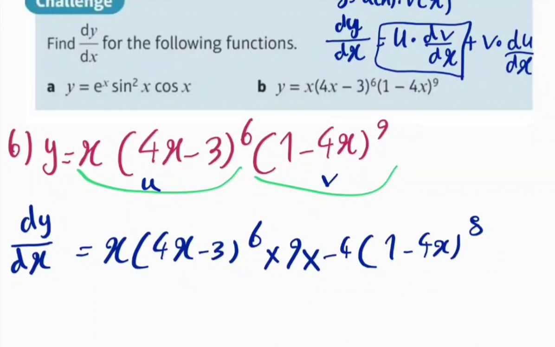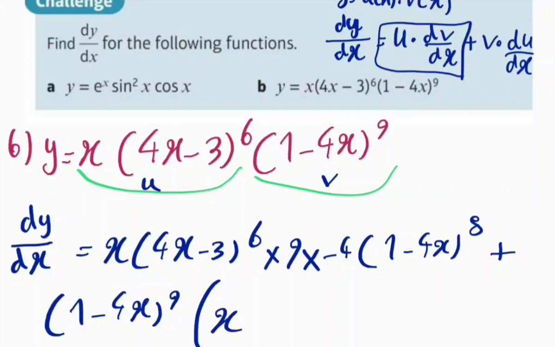Now the second part is the longer one because we need to apply another product rule in addition to the main one. This time we start with v, 1 minus 4x to the power of 9, times du dx. For du dx, first of all, let's write x and then differentiate 4x minus 3 to the power of 6.